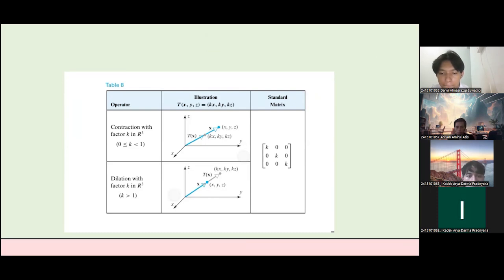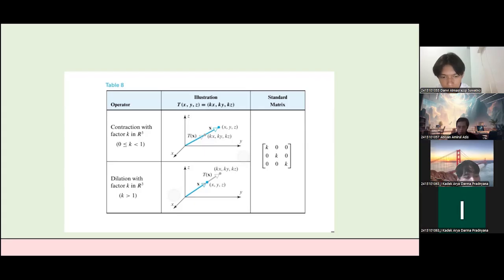Jadi ukuran vektor dari nilai k antara 0 dan 1 lebih kecil dari ukuran k lebih dari 1. We can see the standard matrix form is k 0 0, 0 k 0, and 0 0 k. In this 3-dimensional matrix, z is involved here, different from the 2-dimensional matrix.